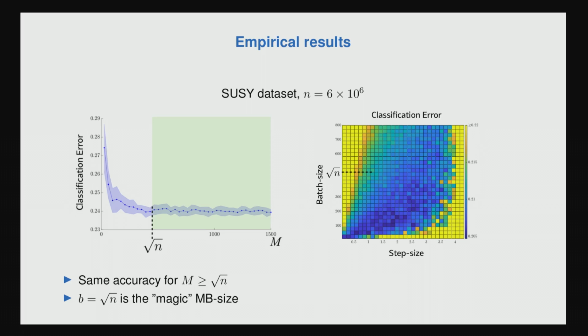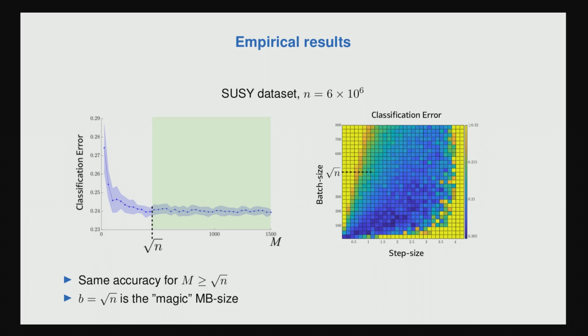The second thing that we would like to observe is the story about step size and mini batch size. So this plot here, which may not be the easiest to see from the projector, shows you the classification error with the step size increasing along this axis and the batch size increasing along this one.